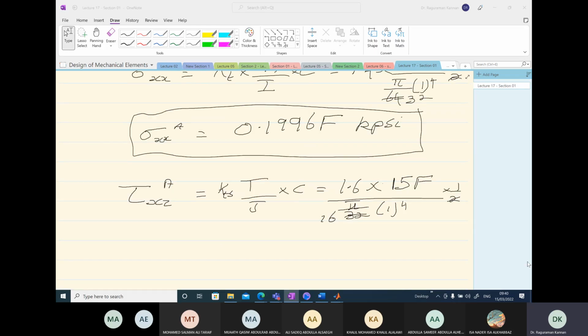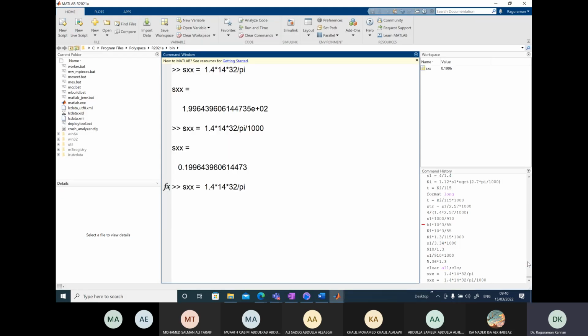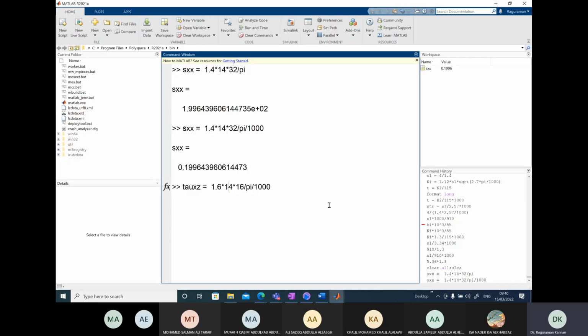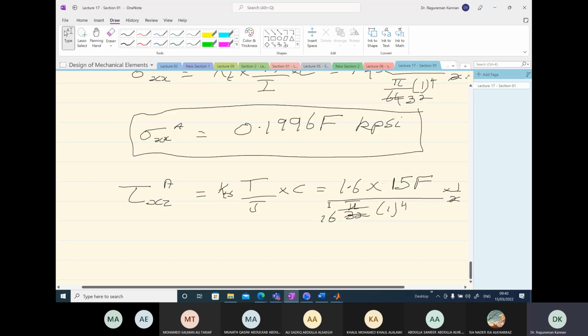Okay. Back to the MATLAB. We have the sigma xx value; replace it with tau xz, and we need to replace 1.4 by 1.6, 0.6 times 15 times 15, and then multiply by 16, then divide by pi and 1000.